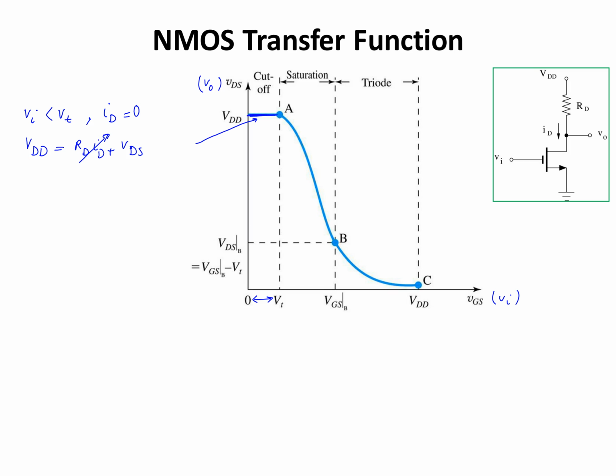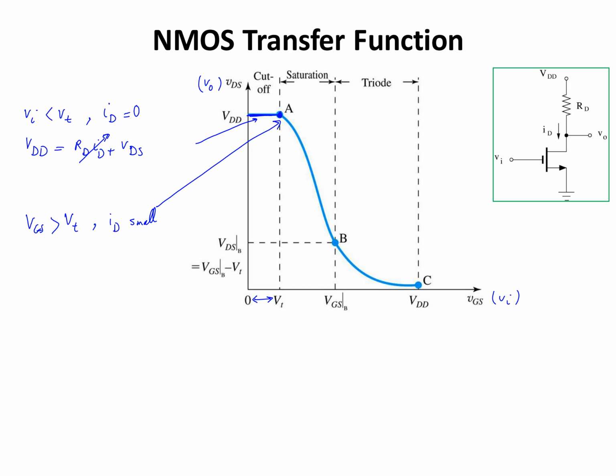So because ID is 0, VDS or my output voltage is equal to VDD. Now when you get to the value of VGS being greater than threshold voltage, right to the right of point A, VGS is increased beyond threshold voltage, so there is a channel formed underneath the gate, and ID is small at this moment because the channel is recently generated and VGS, the gate to source voltage, is still small.